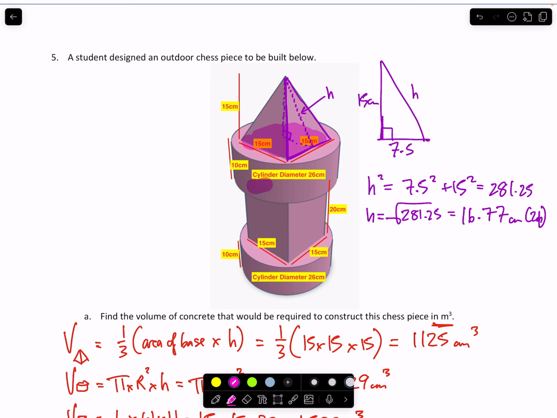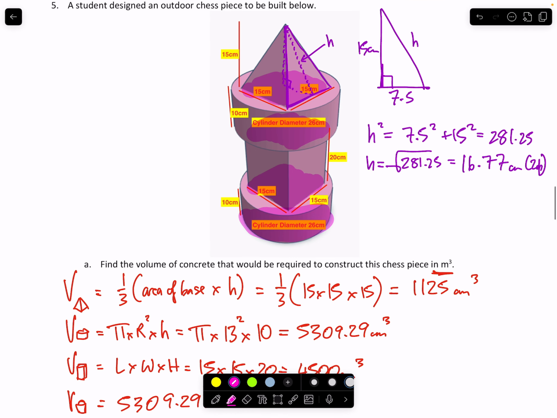You're also going to have another 2 squares, the bottom of the cylinder, top of the rectangular prism, another 2 squares here, bottom of the rectangular prism, top of the cylinder, and then also the bottom circle. Those are all the unexposed areas.